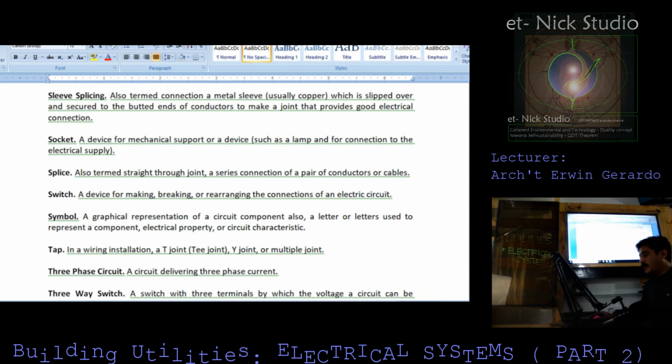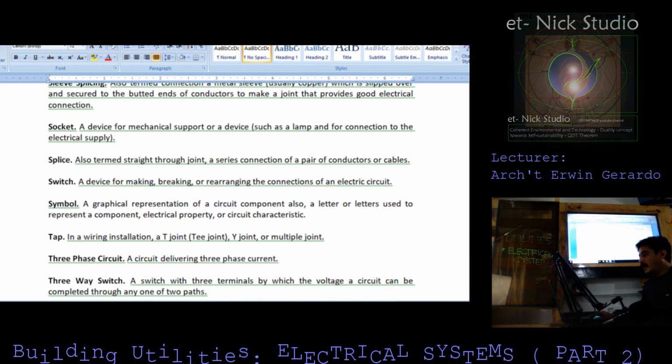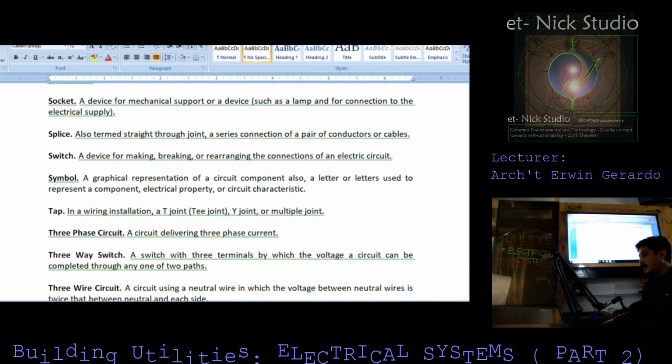Sleeve splicing, also termed connection, a metal sleeve, usually made of copper, which is slipped over and secured to the butted ends of the conductors to make a joint that provides good electrical connection.